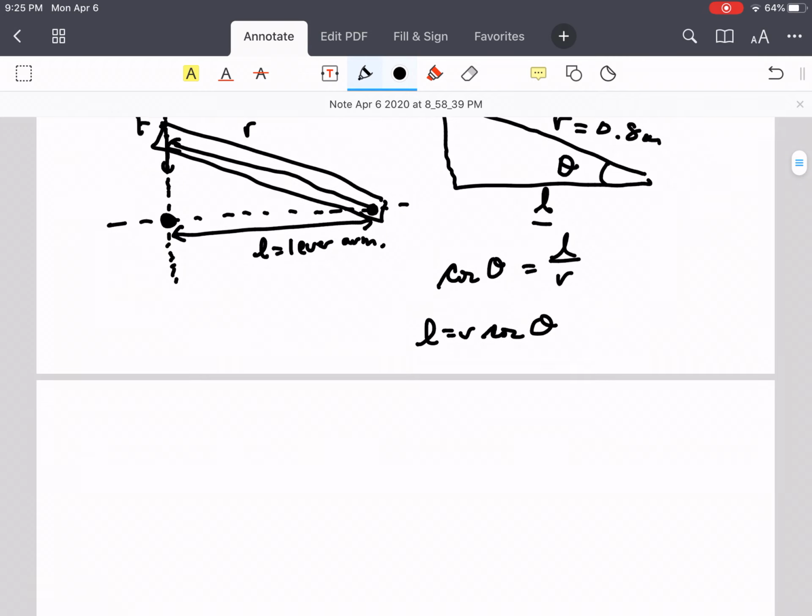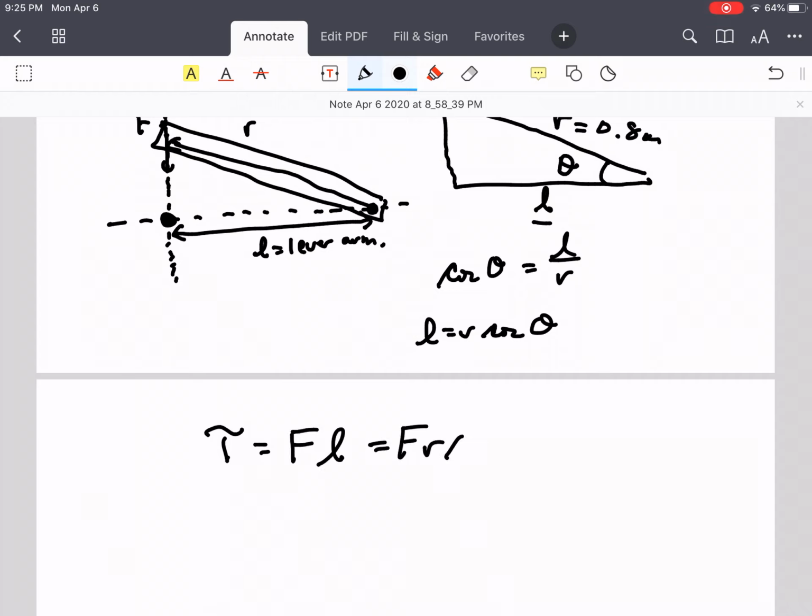And finally, I can just plug that into my formula. Torque is equal to F times the lever arm L, which is F R cosine theta, where theta again is 19 degrees. And if you plug that in, that also turns out to give 681 newton meters, as it has to.